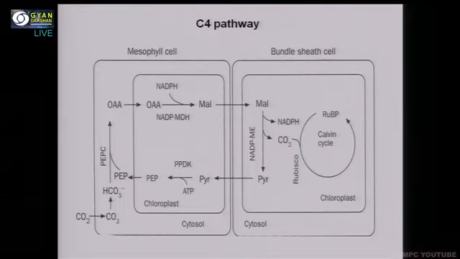So this is the way by which C4 photosynthesis operates. That is, some reactions occur in mesophyll cells and some in the bundle sheath cells. So a question might come to your mind that this is not there in the C3 plants. Then how will the C3 plant act as a C4 plant?